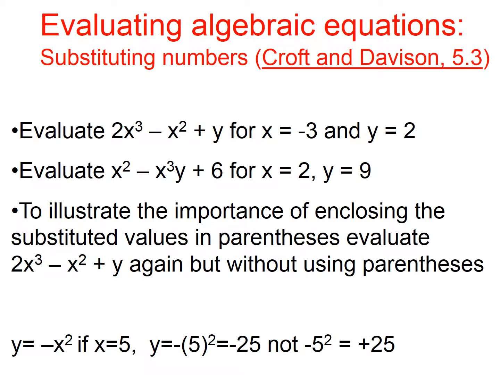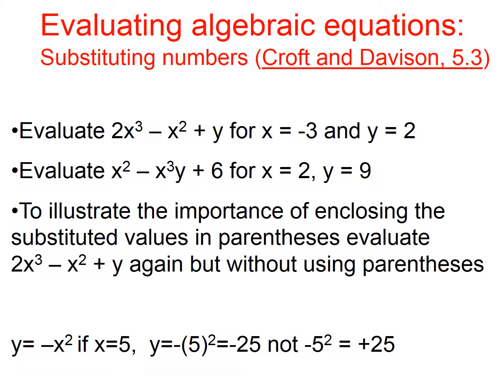So putting in the number 5 in brackets, just around the x, minus 5 squared is minus 25.